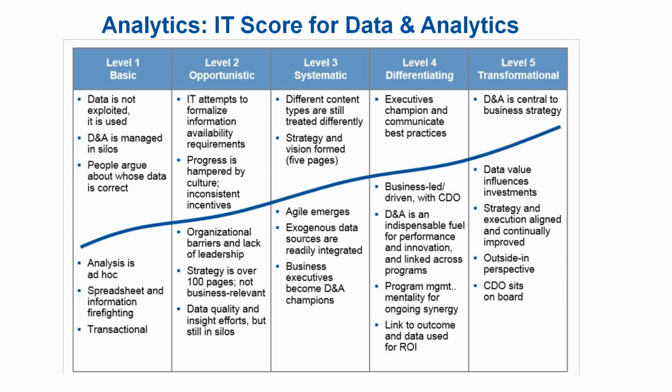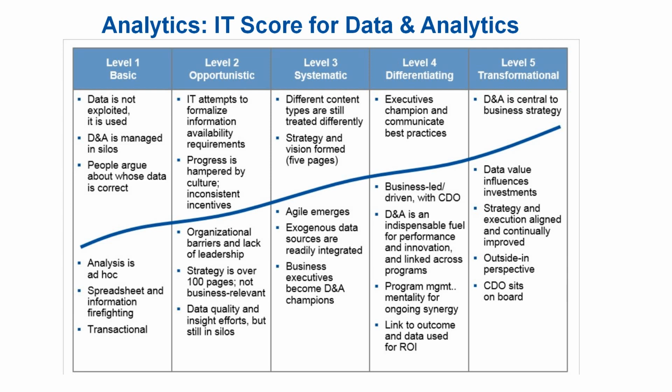And then systematic. Systematic is a slightly more mature way of data handling, where the different content types are still treated differently. So it is not complete maturity. The strategy and vision are formed on 5 pages apart from the 100 pages, and agile slightly emerges. Business executives become the DNA champions; at least they are aware and feel that data analytics is going to help them.